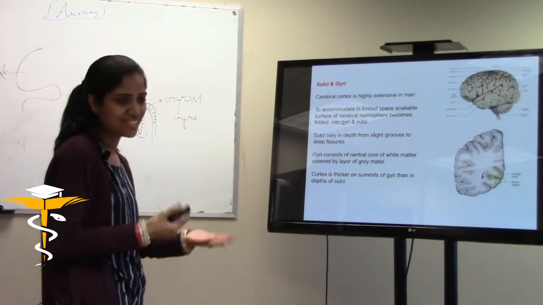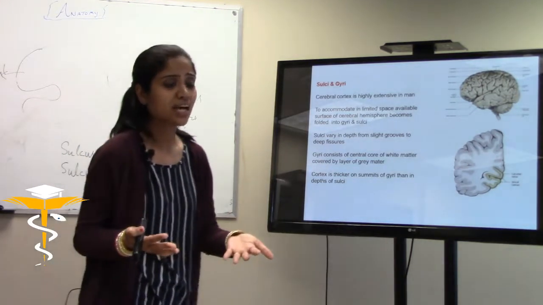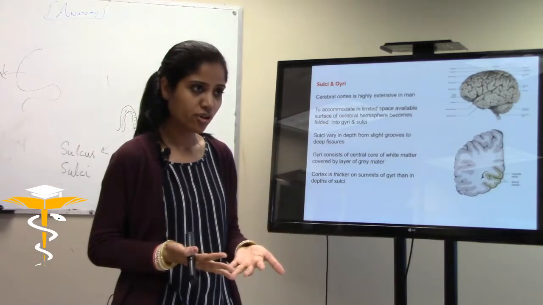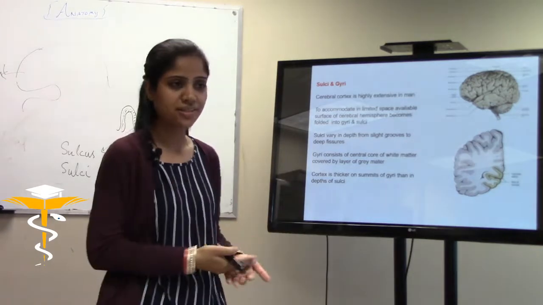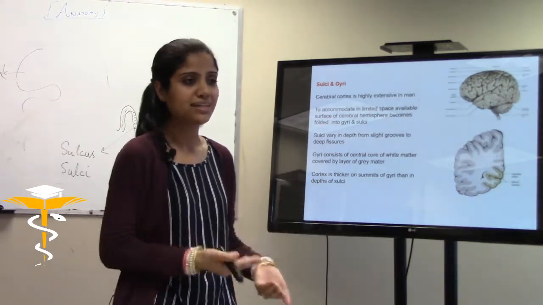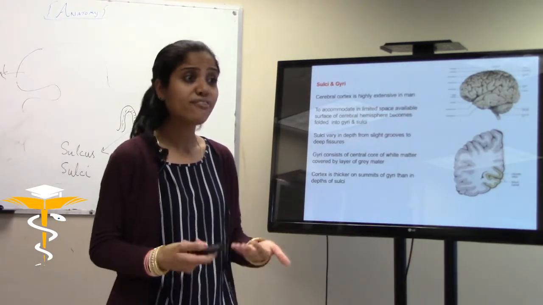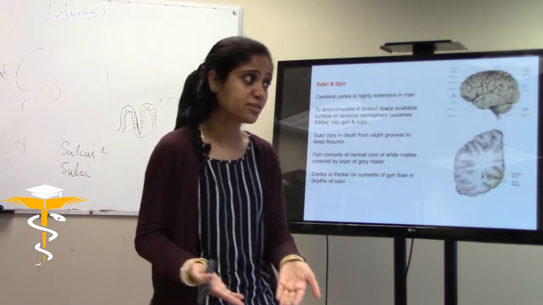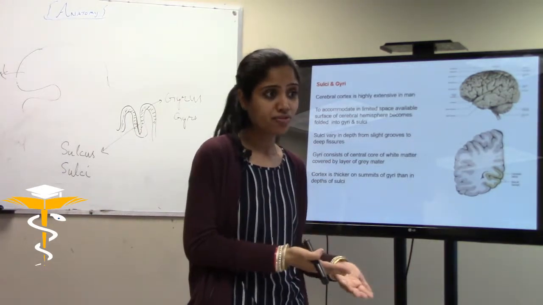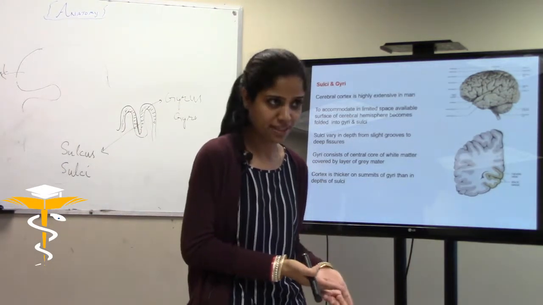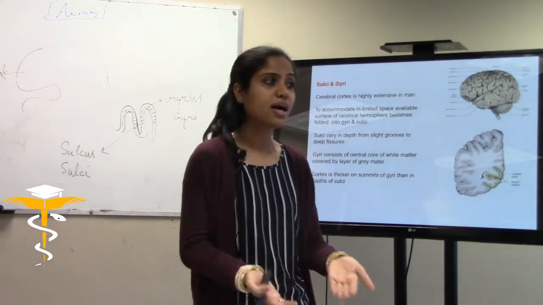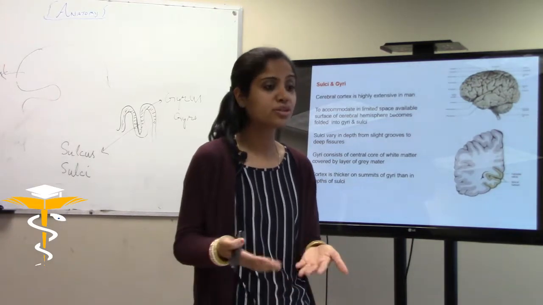The basic thing you should know is that the brain accommodates more neurons if it has a capacity to form gyri and sulci, right? And it will perform its function in a more effective way as compared to the animals which are less evolved, if we talk about the non-primates or other animals which are not humans.